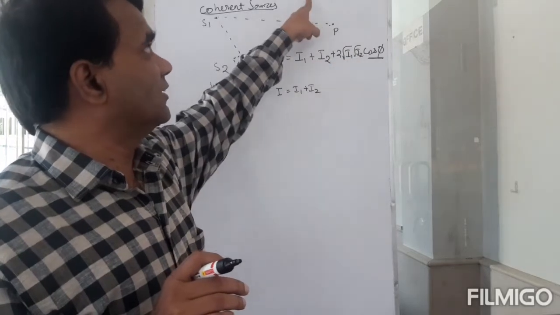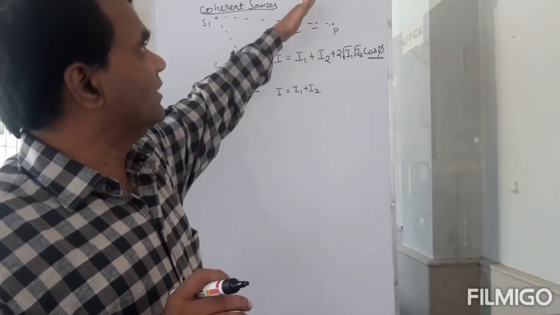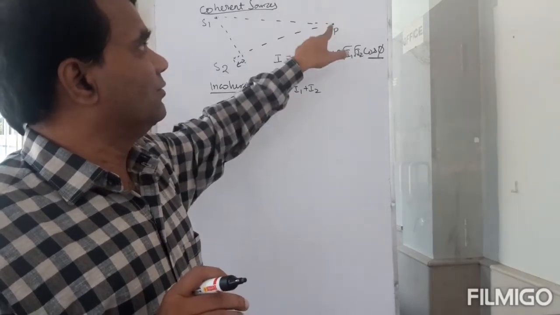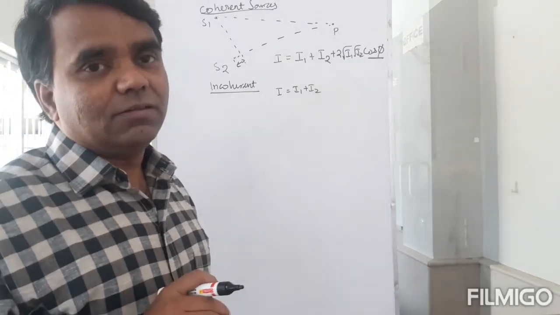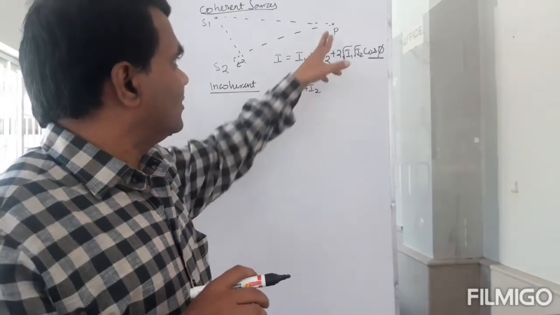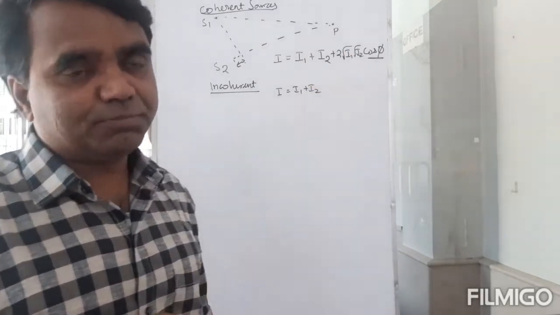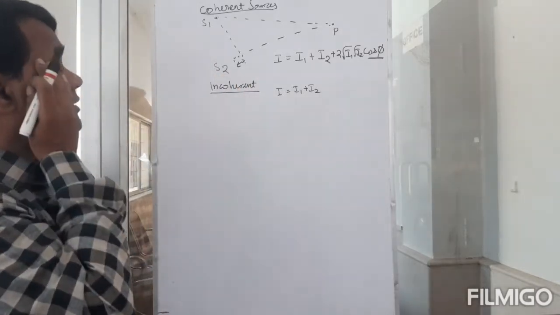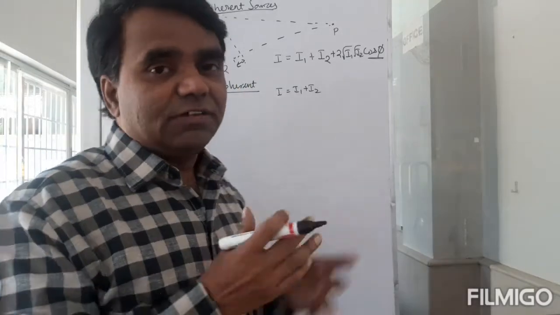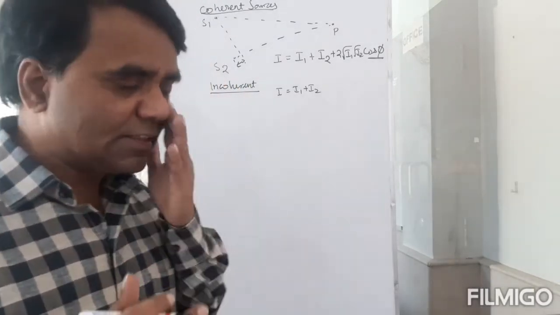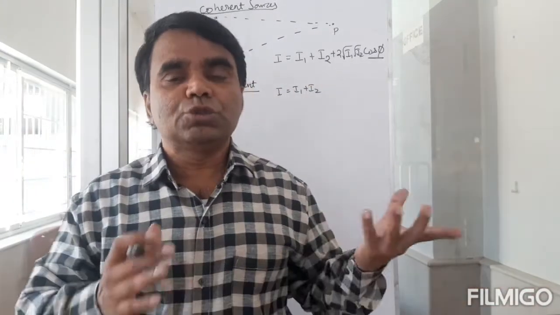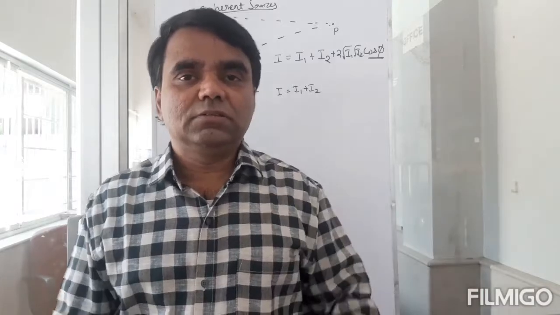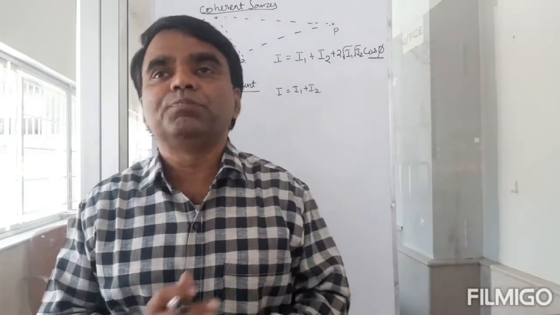If phi is different for Q, then I may have a different intensity for Q than I have for P. So this is what we have discussed so far. This happens for all waves, and we demonstrated that with water waves. You saw the interference pattern on the water surface.